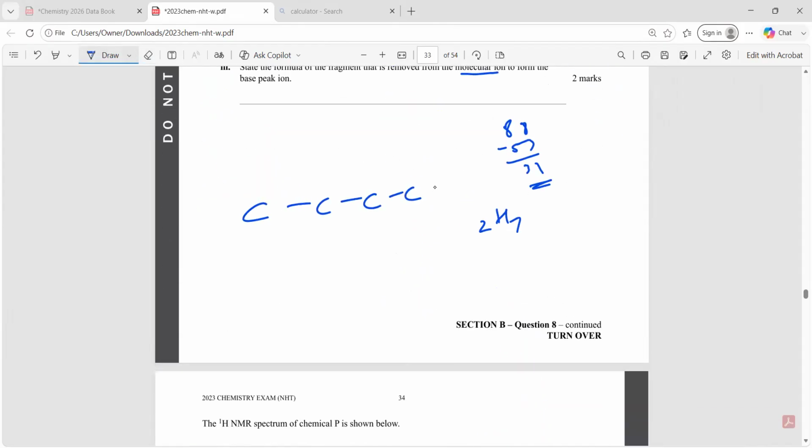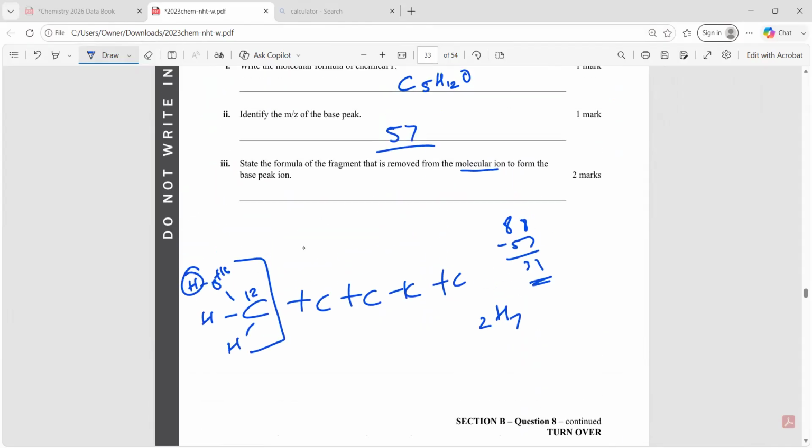C, C, C, C, C, C, O, H. The way I like to do this, generally speaking, is I just create breakages. If we take this for now, that'd be 12, 13, 14, 16, 30, 31. Oh, perfect. So then this would be 57, which is the base peak.